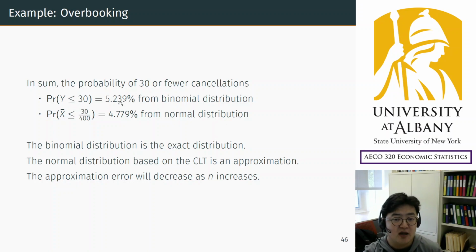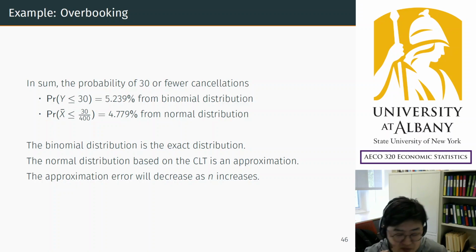So this much is approximation error, and this error exists, right? But it will decrease if the sample size was larger. So as the sample size gets bigger, the error will be smaller.